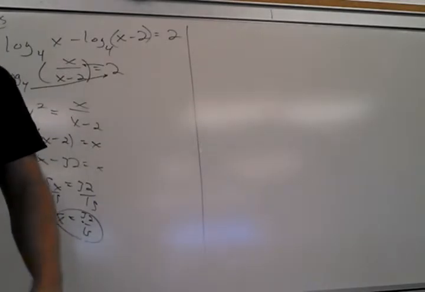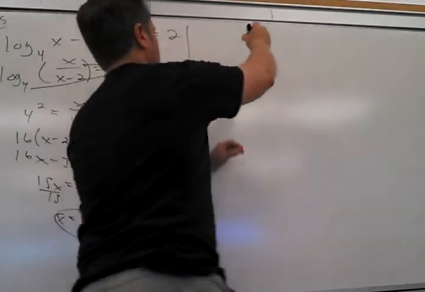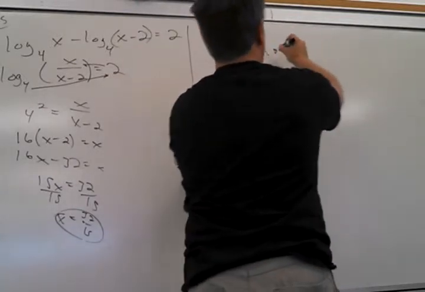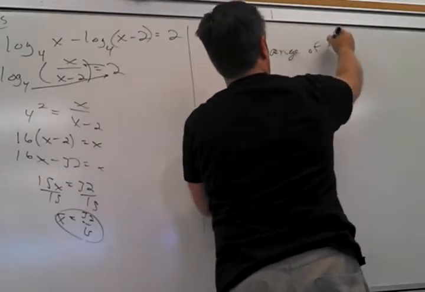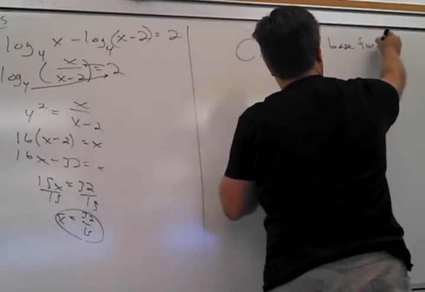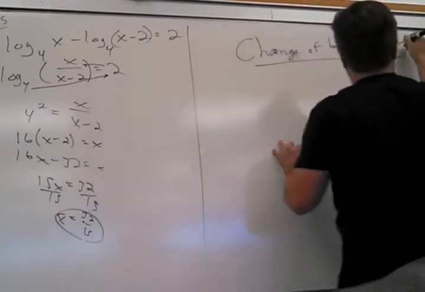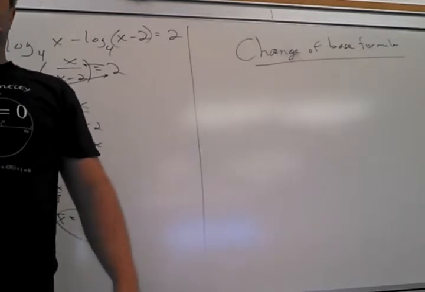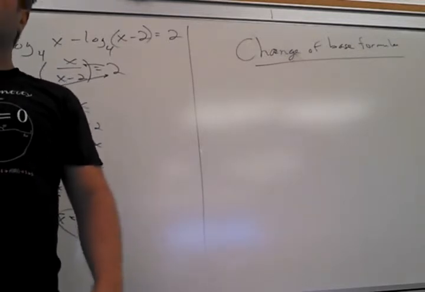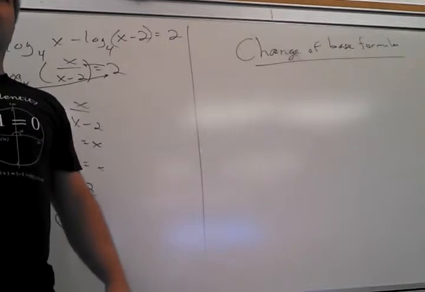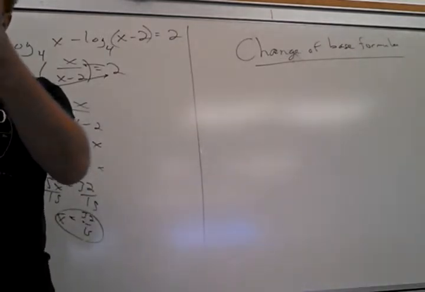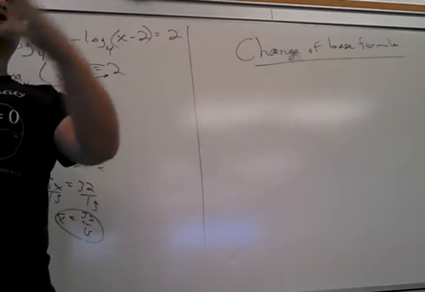All right. We've got to do the log base formula. Change your base. If you have a calculator that does not have a log base x, meaning you can only do log 10 and ln, you want to know how to change the base.